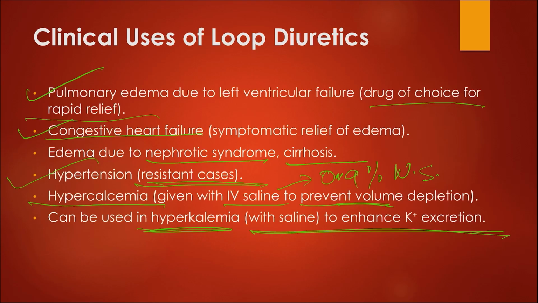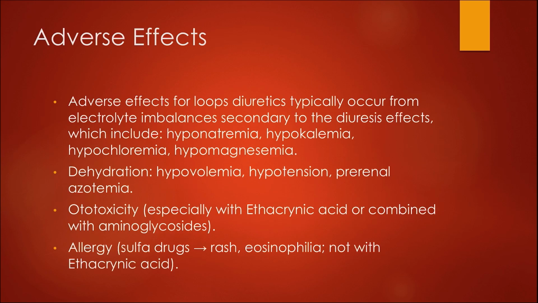So next we will talk about adverse effects. The adverse effects are usually because of the electrolyte imbalance caused by loop diuretics. It causes hyponatremia because natriuresis occurs. It causes hypokalemia because it leads to kaliuresis. They are potassium wasters. It causes low levels of magnesium and chloride, as well as low levels of calcium.